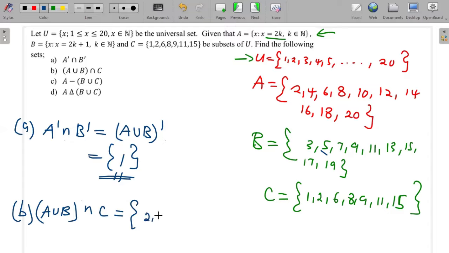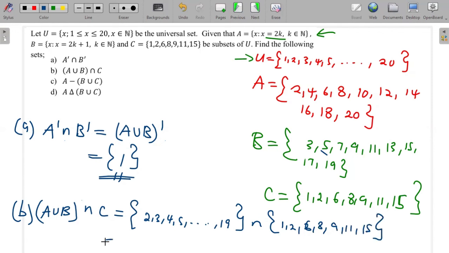It's 2, 3, 4, 5, all the way to 19. This is our A union B, right? Then I'm intersecting with the C, which is 1, 2, 6, 8, 9, 11, and then 15. So what is common between A union B and C?